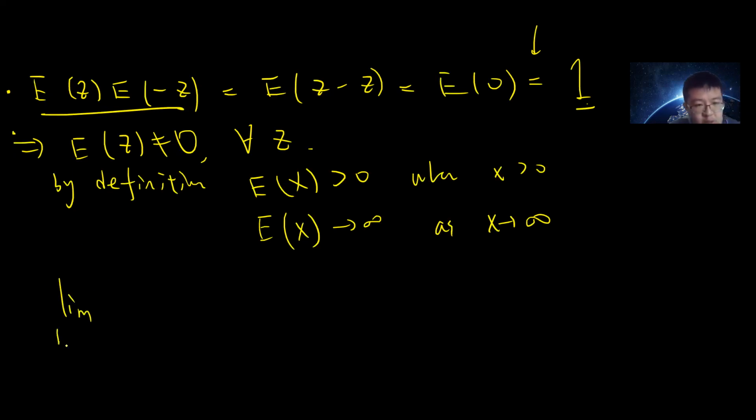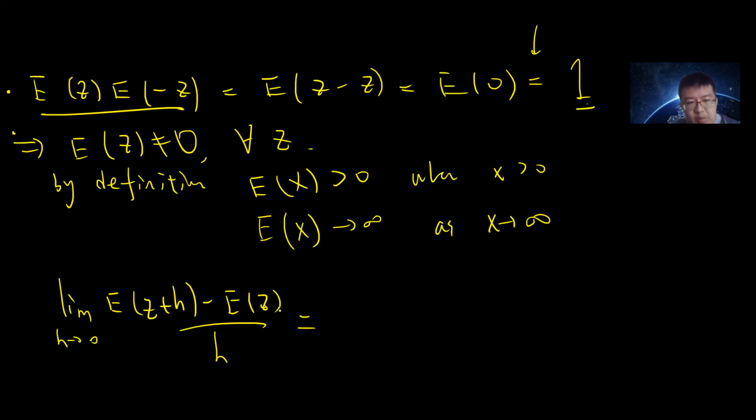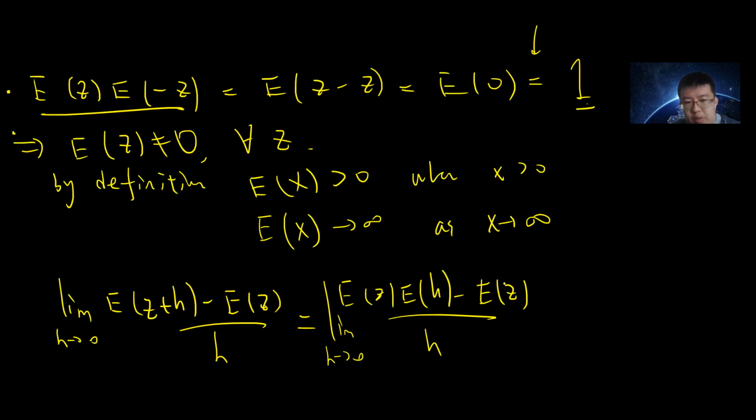So you can ask this. But this is just, by the property of what we proved, just this. So you can pull out the e of z and only ask about h goes to 0 of e of h minus 1 divided by h.